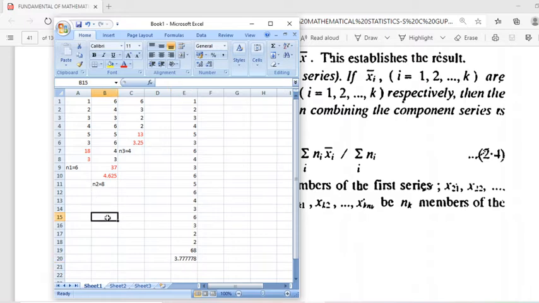So we can find this 3.77 using the corresponding means. We can take 3 into 6, that is 18.